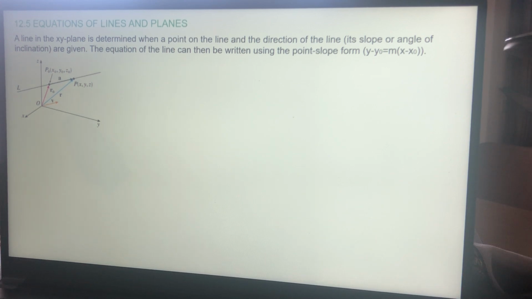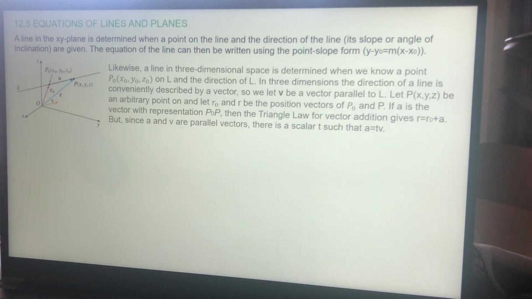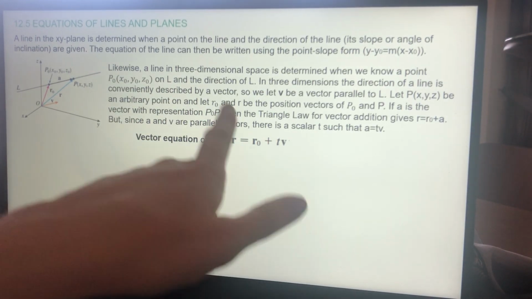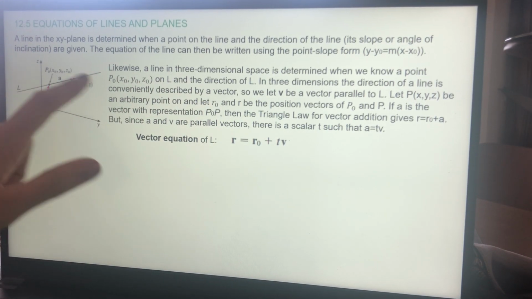Once you know the point and the direction of the line, you can write the equation of a line in 3D space. So how do we do that? This is the vector equation of a line. R0 is the given point.